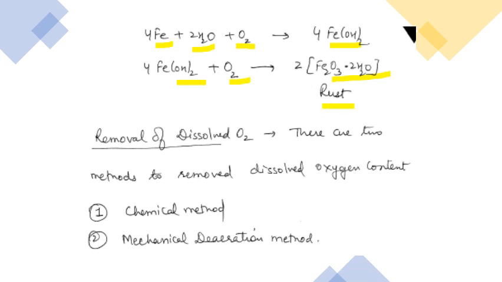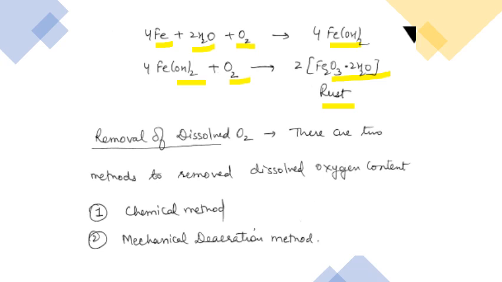And once it begins slowly, all the iron gets reacted with the oxygen under such high temperature in the presence of the water. All the conditions enhance the formation of this ferric oxide, that is rust. So this is how the dissolved oxygen is responsible for the boiler corrosion.